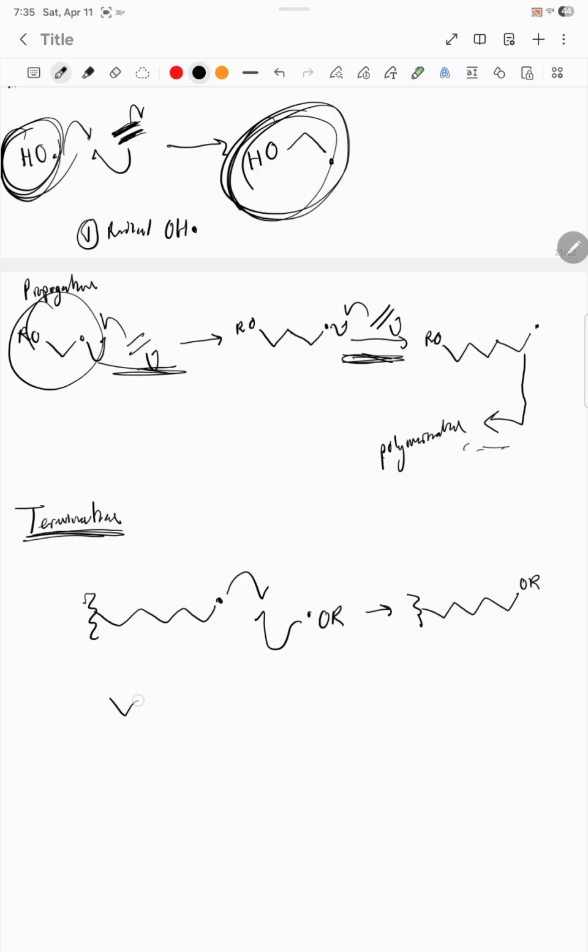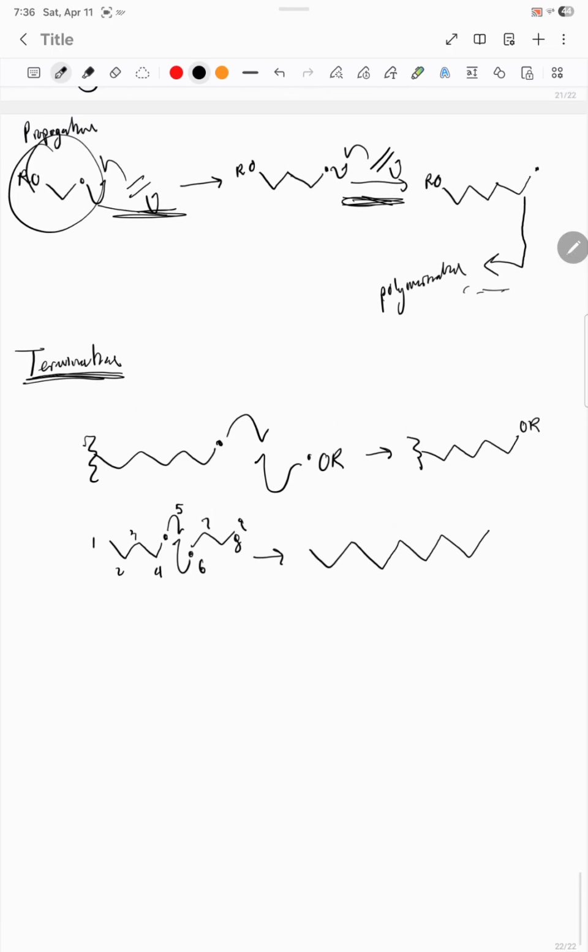Or we could also do something like, if we have this and this, these two can form a new bond and form 1, 2, 3, 4, 5, 6, 7, 8, 9. That would be our termination product.